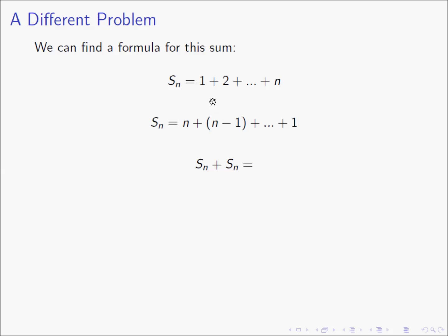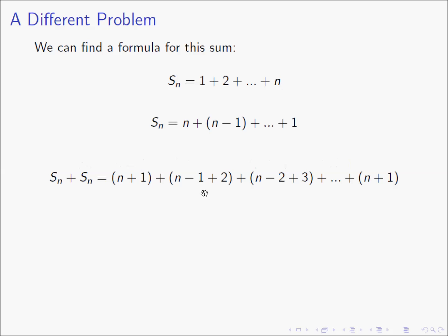If we do this, we have n plus 1 here. Then we're going to have n minus 1 plus 2 here. Then here the next term will be n minus 2 plus 3. And we can continue like that, and finally the last term will be n plus 1.